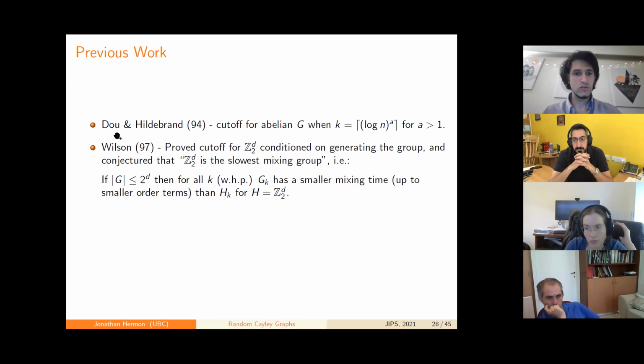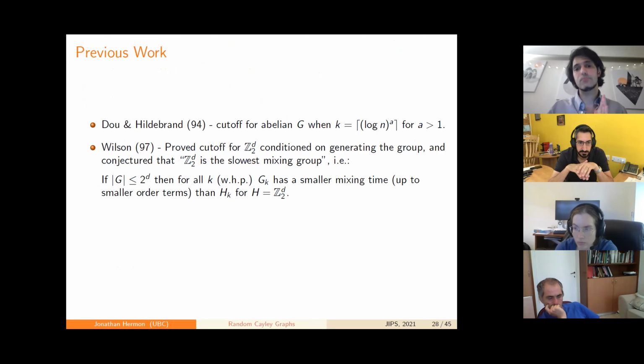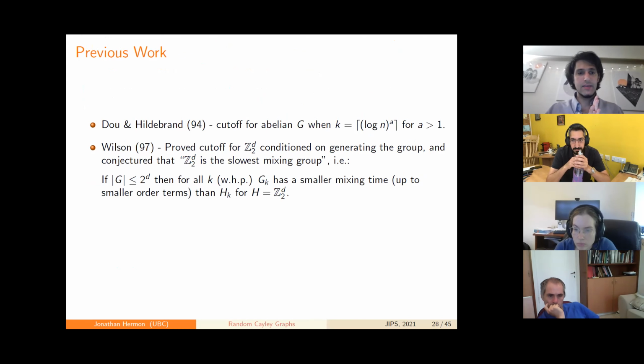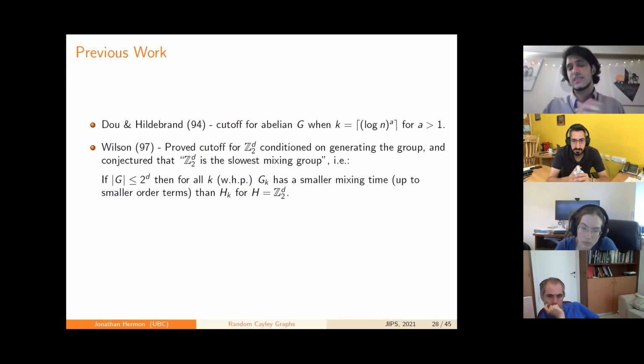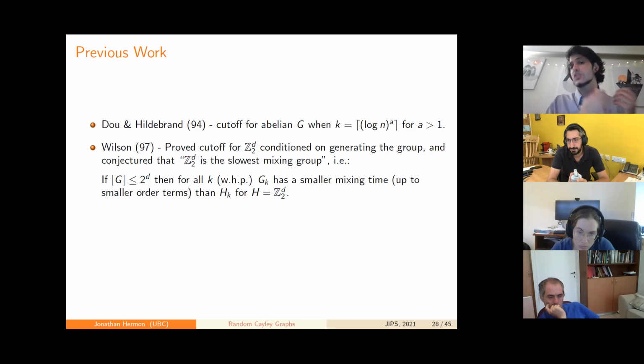So Dou and Ildenberg proved cutoff in the abelian case when K is of larger order than log n. And then later Wilson, so that was the first case, the paper of Wilson, when cutoff was proved when K is also logarithmic in the size of the group.